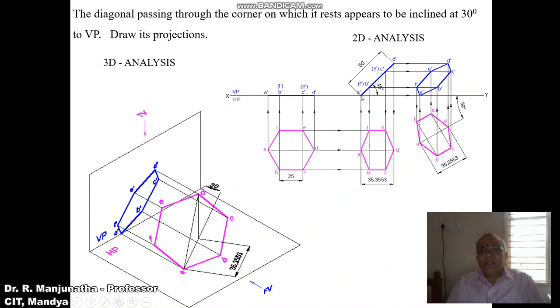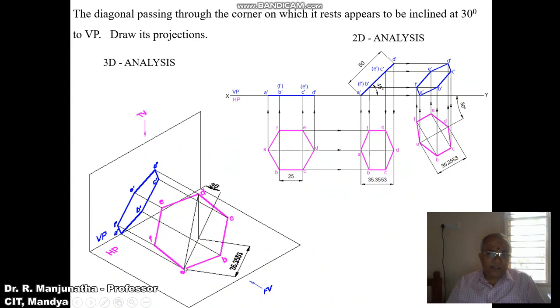Since the diagonal A dash, D dash is inclined to HP, you get the apparent length in HP, small ad, which is 35.3553, less than the true length of the diagonal, which is 50 mm. Since this length is apparent length and the inclination given is also apparent inclination, we reproduce the same drawing in the third position by rotating the second position top view by an angle of 30 degrees, such that the AD diagonal is inclined at 30 degrees to VP, and then write the corresponding front view. That will give you the final position.